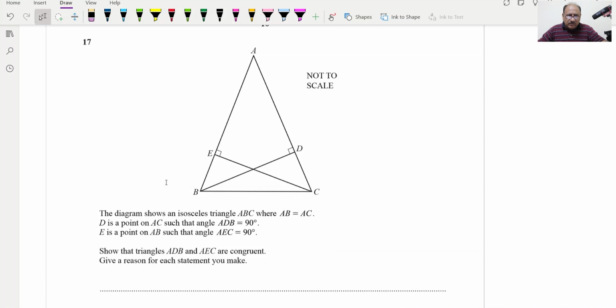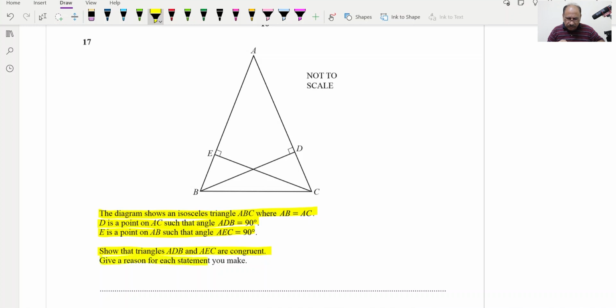Question 17 says the diagram shows an isosceles triangle ABC where AB is equal to AC. D is a point on AC such that angle ADB is equal to 90°. E is the point on AB such that angle AEC is also 90°. Show that triangles ADB and AEC are congruent.